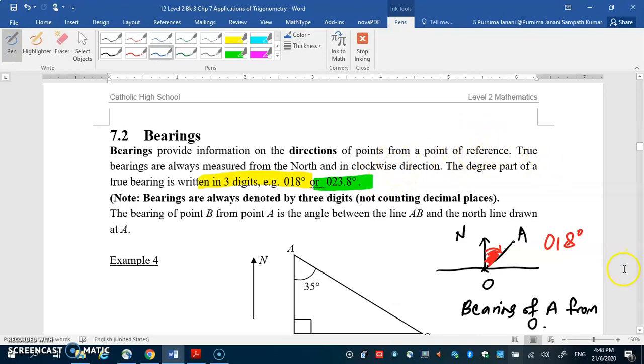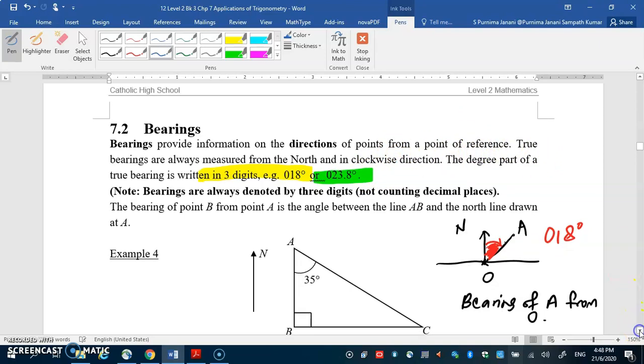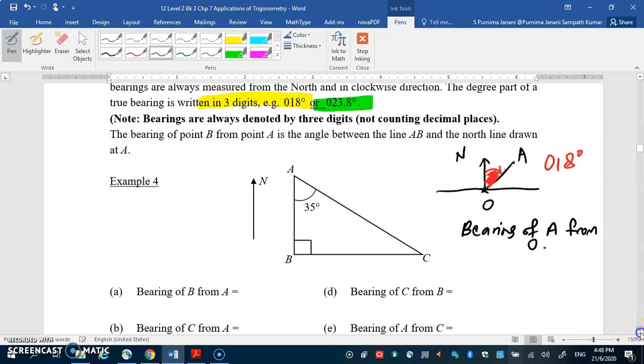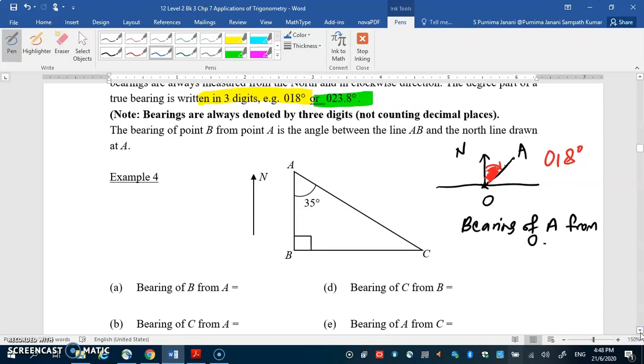Take note that the north may not always be upwards. You have to follow the north given in the question, which we will cover later on. For now, in example 4, the north is upwards like this. You have a triangle ABC, and this is a right angle triangle.